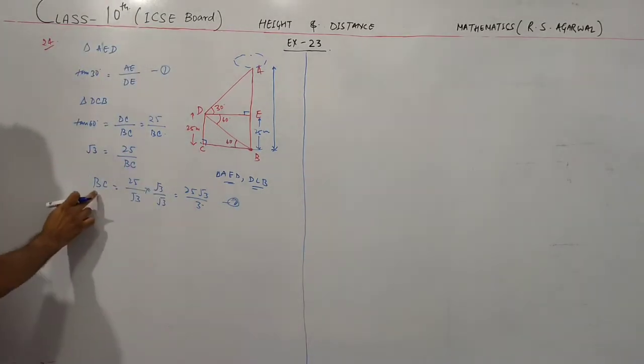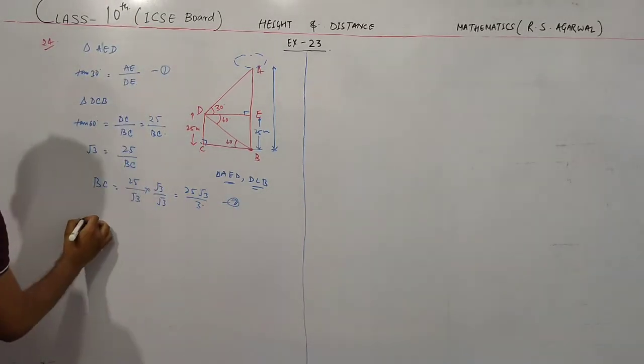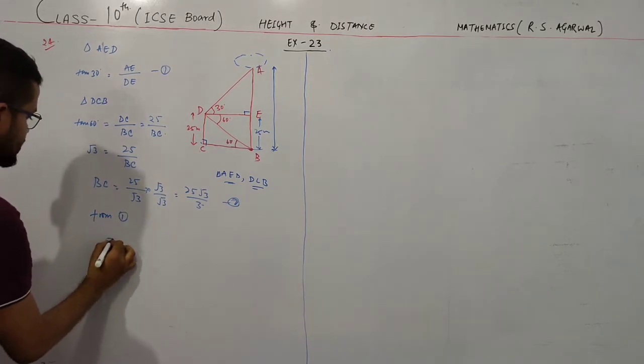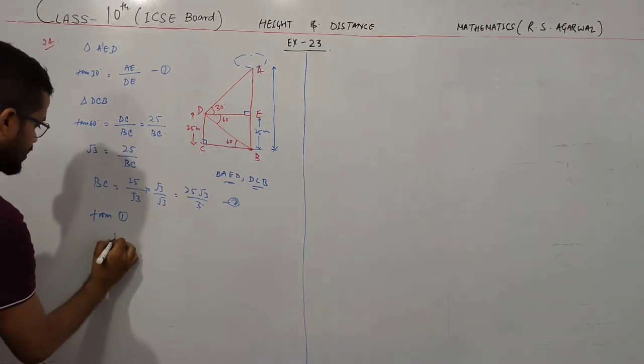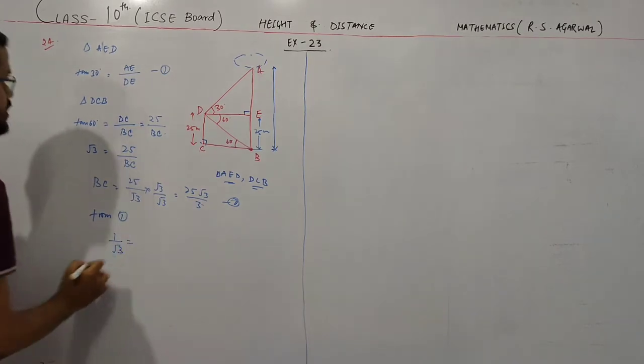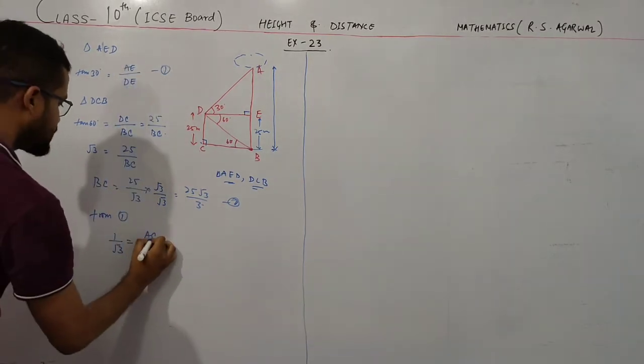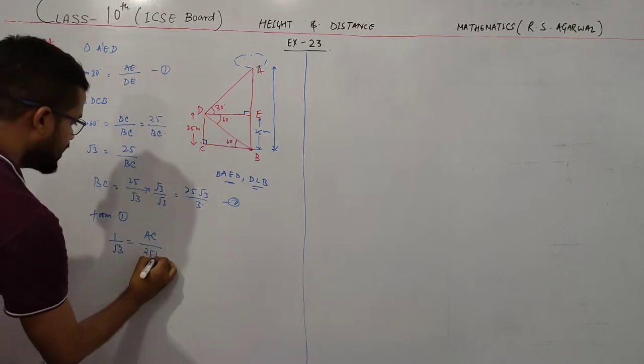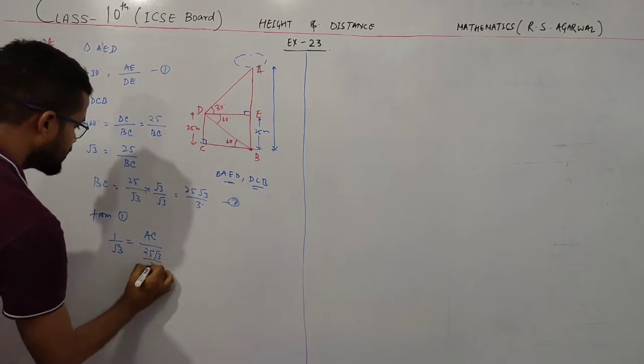I use this value BC here. So from 1, tan 30 degrees 1 by root 3 is equal to AE upon DE, and this DE is equals to BC, which is 25 root 3 upon 3.